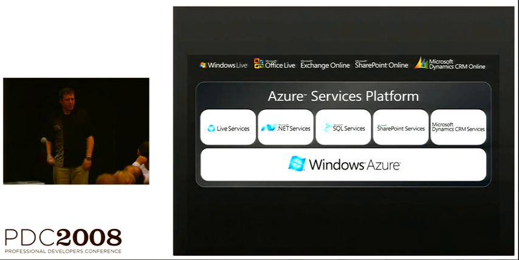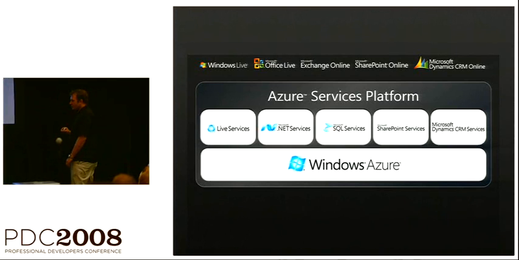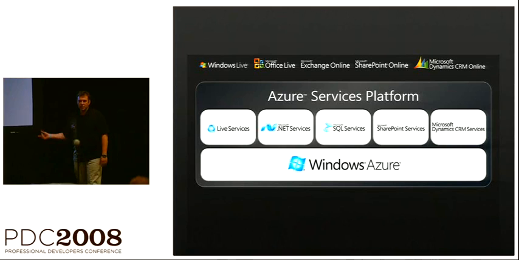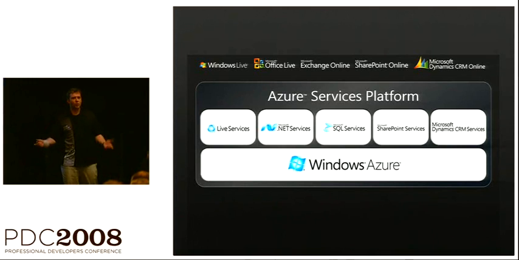The .NET Service Bus in particular and the Access Control Service are services that allow you to attach services that you run on premise into the cloud and make them interoperate, not only with cloud services, but also amongst each other. One thing that we do with the .NET Services platform is we enable you to reach into more devices, into more machines.